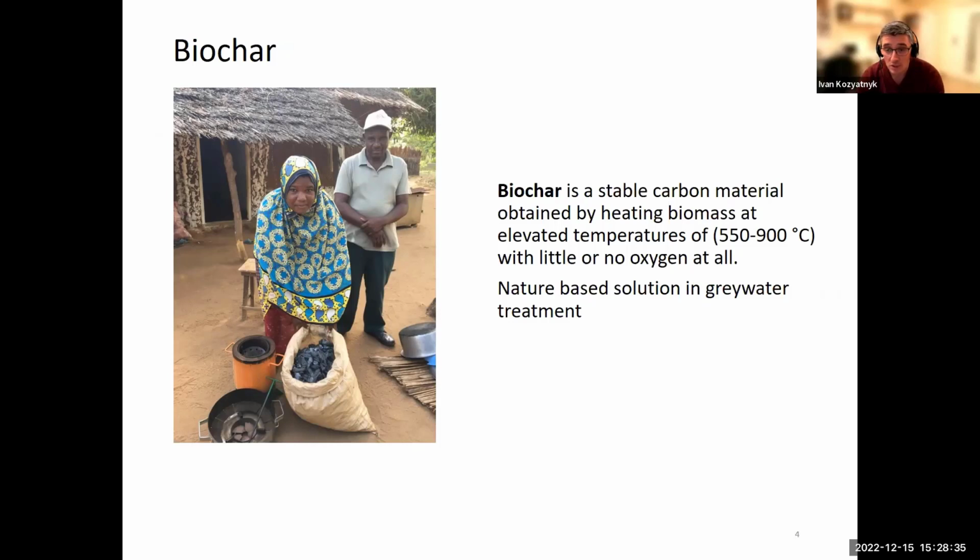So local cheap crops such as oil palm and coconut shells, sugarcane bagasse, and firewood have attracted much attention as an alternative method for producing carbonaceous materials such as biochar that are suitable for treatment of gray water and contaminated drinking water.